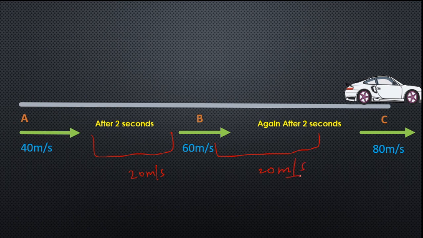So, I can say this is an example of uniform acceleration. The car is accelerating uniformly because in equal time intervals, the car is changing velocity by equal amounts.